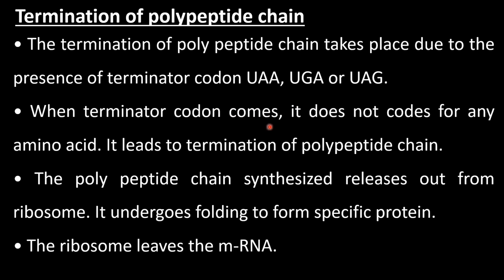They do not code any amino acid. So what will happen? Termination of polypeptide occurs. The process stops, and the polypeptide chain which has been synthesized is released from the ribosome, and it undergoes folding to form a specific protein. So in this way, the process of translation occurs.